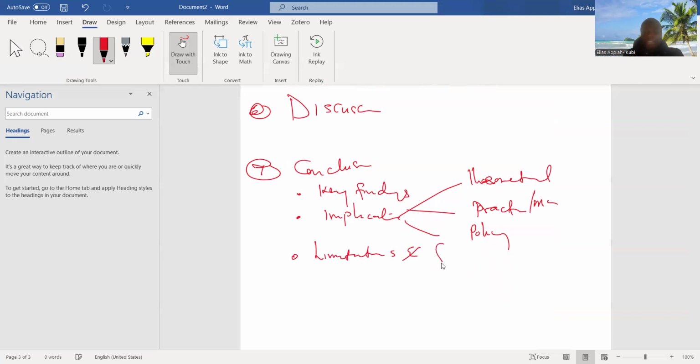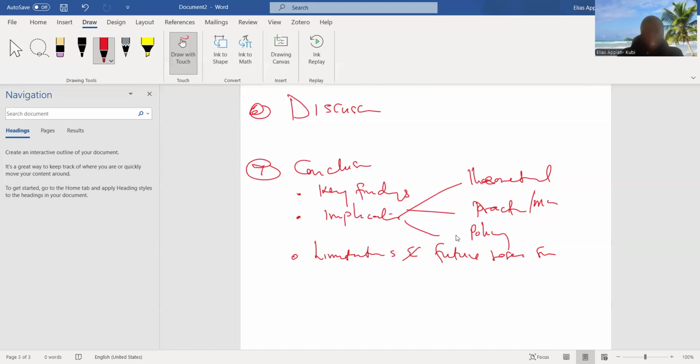The limitations and future research suggestions as part of the conclusion, or you can include it as a standalone section. Okay, so you have to bring out what are the limitations of your study. Let's say you use a structured questionnaire which restricted respondents' ability to express themselves.